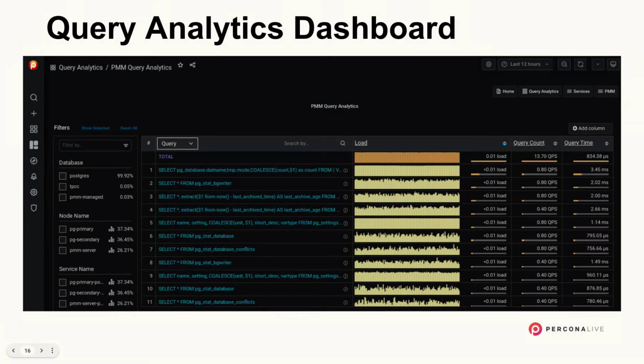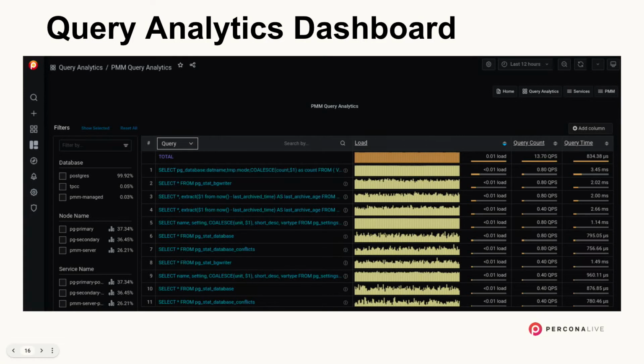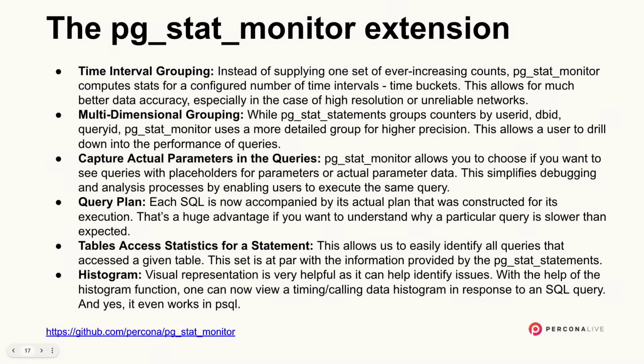We can see some counters and other information, and we can go even deeper on queries. But to be able to collect that information, PMM needs an extension on Postgres. We can either use pg_stat_statements, or pg_stat_monitor, which has been developed by Percona.